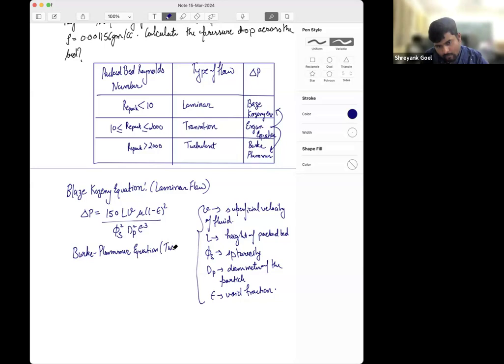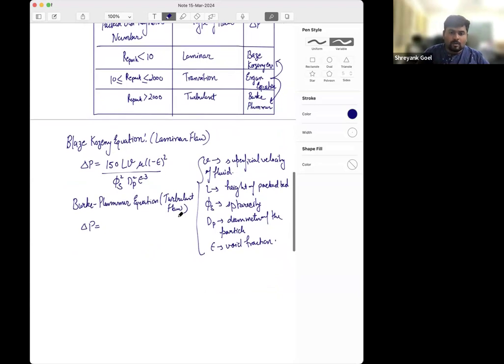That is for turbulent flow, and delta P comes out to be 1.75 L into rho into V squared into (1 minus epsilon) divided by phi_s dp epsilon cubed.